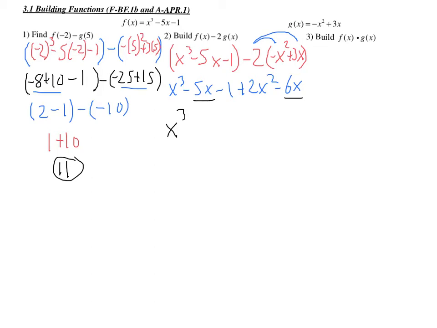Okay, that's your highest power. Next highest power is x squared. So that's 2x squared. Then comes the x's, which a negative 5 and a negative 6 is negative 11x. And lastly, we have the minus 1.